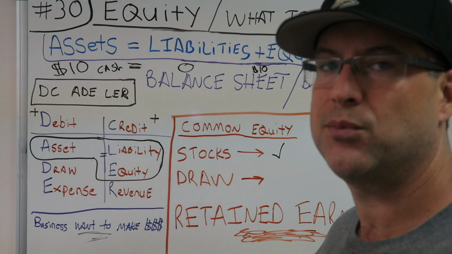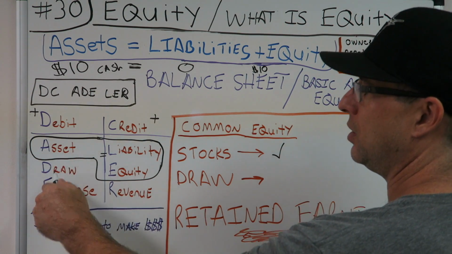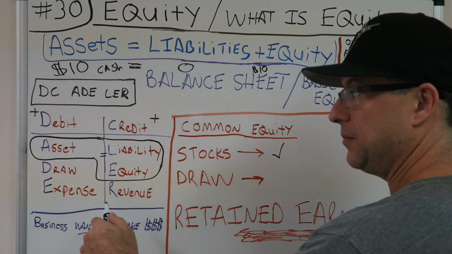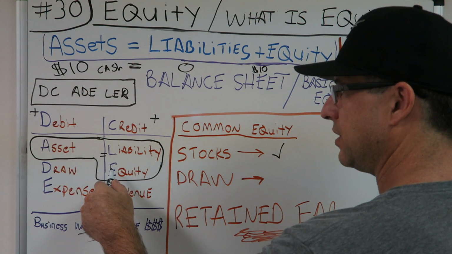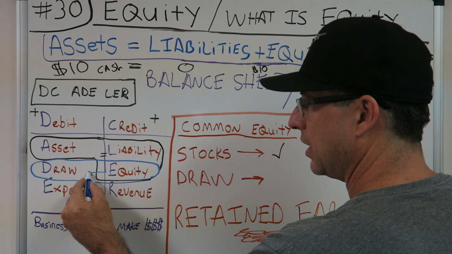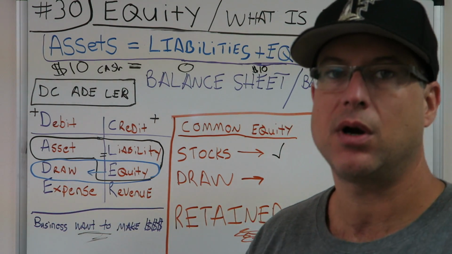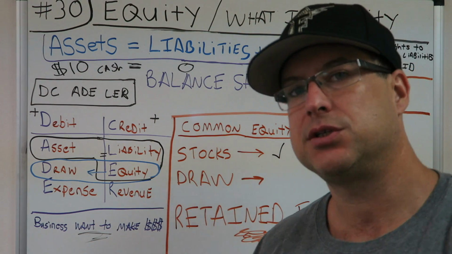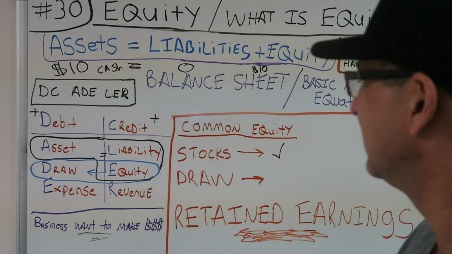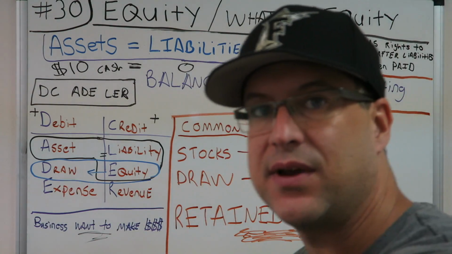Yeah, we will probably do something on this again. This is the reason why I do it this way, because I like to keep the balance sheet right here. A draw is negative equity. So if you see a draw or a withdrawal, a shareholder distribution, or a dividend, it is just negative equity.